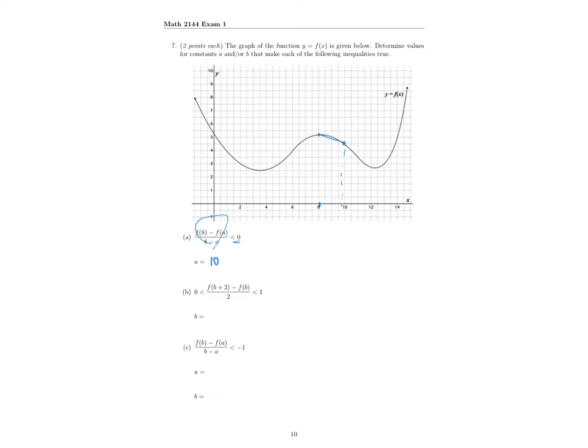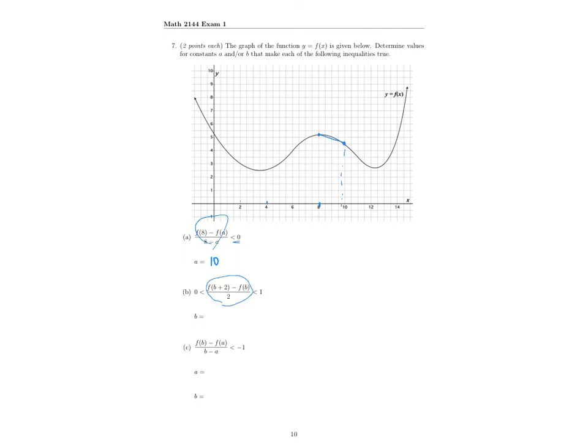On this one, I want to have the slope between b and b plus 2 to be between 0 and 1. So let's see. If I did like 2 to 4, it needs to be greater than 0.